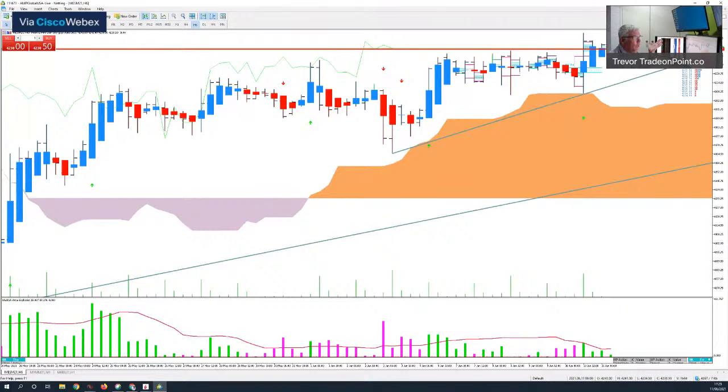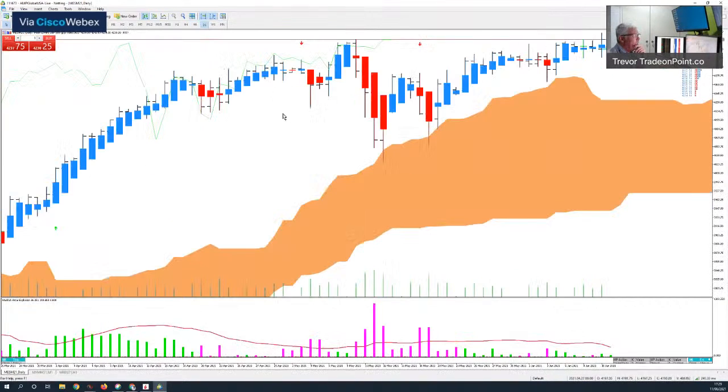It broke above the highs, and now this is what I thought was going to be the rejection candle. You can see on the daily chart, same thing.